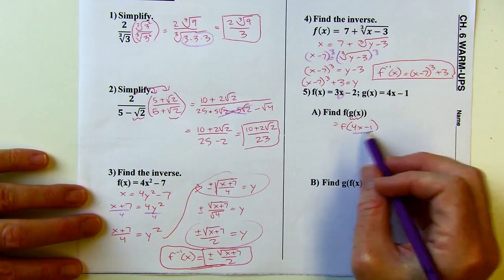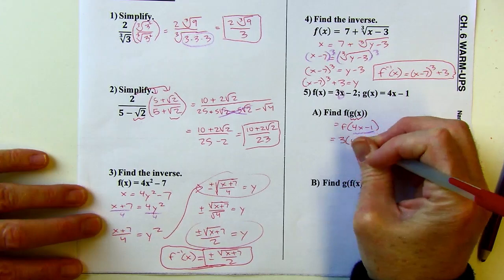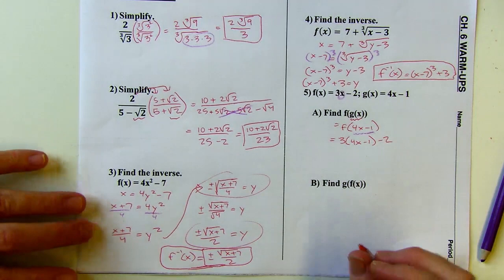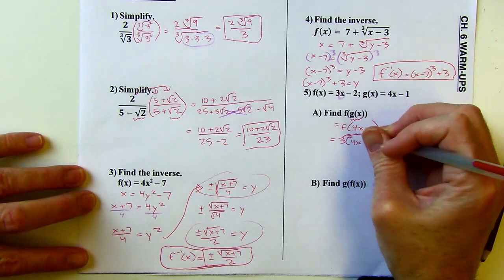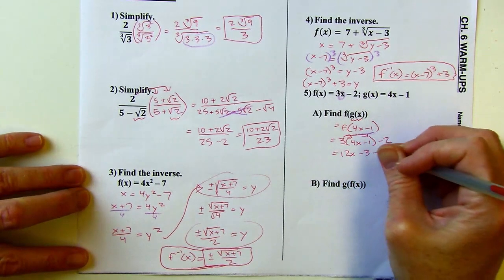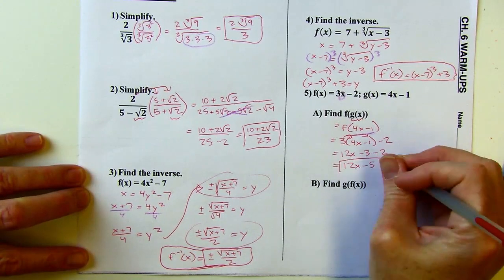It's going to be 3 times this quantity minus 2. Okay. And this one I would want to simplify, so I'm going to write it without parentheses by distributing 3. Combining those like terms, and there's f of g of x.